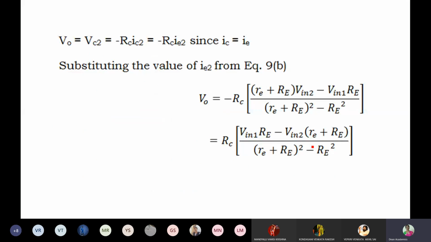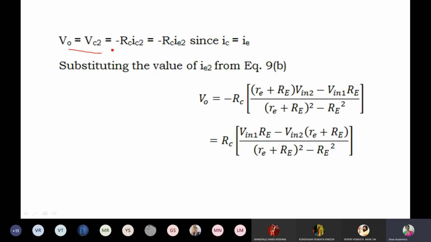The only difference from dual input balanced output to dual input unbalanced output differential amplifier, that is from double ended to single ended, is what? Output is taken at only one terminal, that is at VC2. So only that variation we are doing, remaining analysis is same.